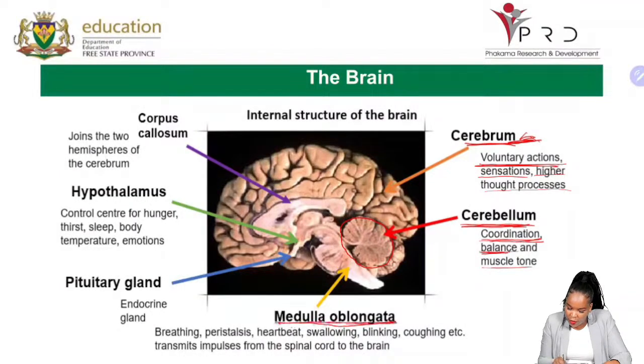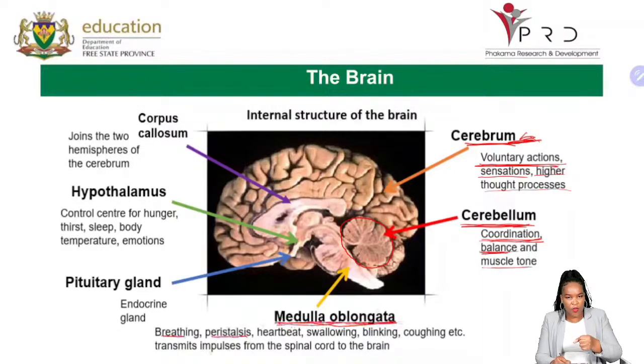Remember, we just spoke about our uncle here. Our uncle can no longer say that they use the medulla oblongata to think. What do they use the medulla oblongata for? For breathing, for peristalsis. Remember when you were in grade 11, you learned about how food goes down the esophagus, that movement of peristalsis when the esophagus is constricting and relaxing.